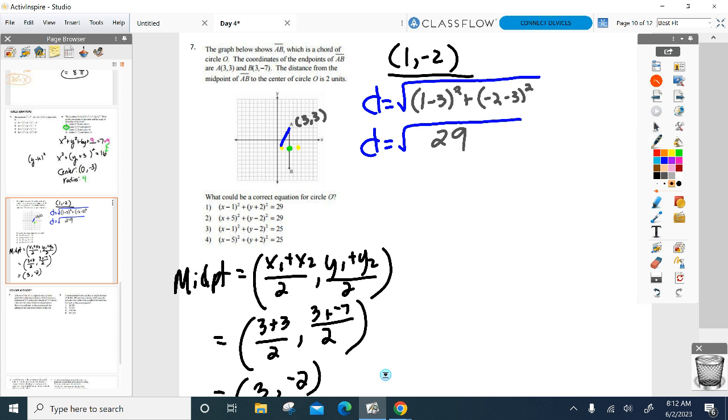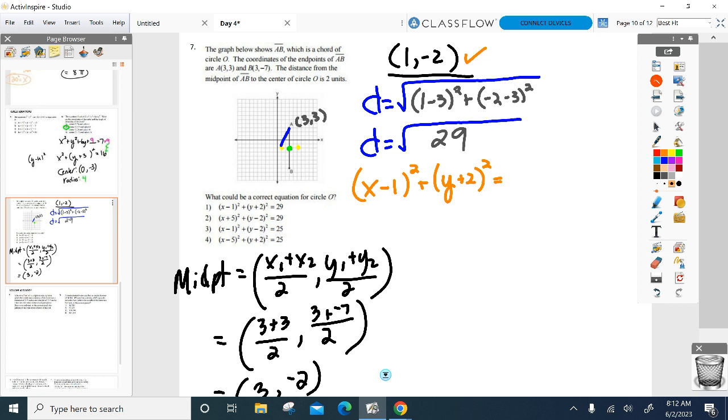All right, so what's the equation of this circle with this center, (1, -2)? x, change the signs, so (x - 1) squared plus y, change the sign, (y + 2) squared equals, what's going to go on this side now?